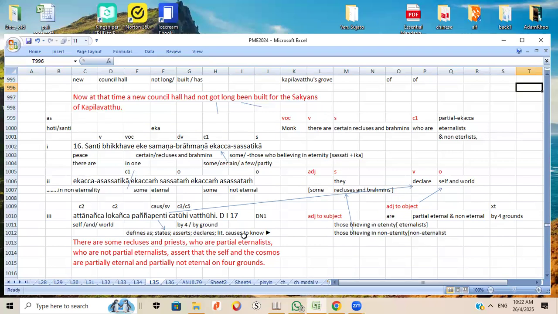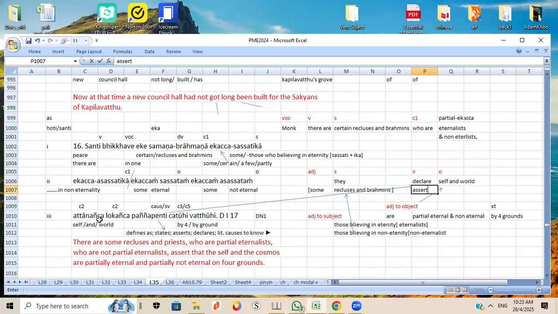So the choice I use is declare. You can use declare or assert, because it's the same. Because assert, that means you assert. So a verb can take an object. These two are the object.